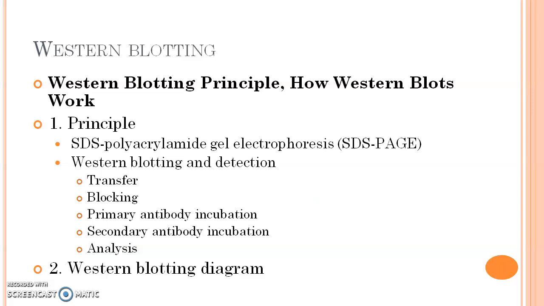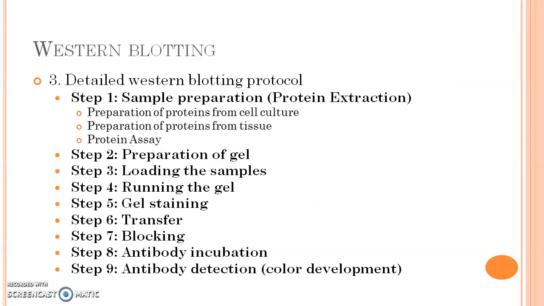In Western blotting, we saw the Western blotting diagram and the detailed protocol. The protocol consists of 9 different steps, out of which the first 3 steps, that is sample preparation, preparation of gel, and loading the samples, we already saw in our previous video.